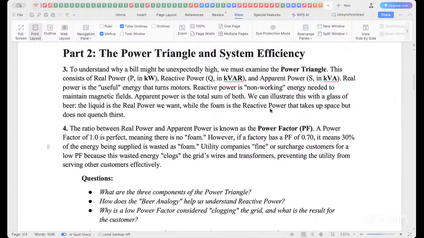The reason we are talking about this is because we are talking about energy costs. Most facilities are not aware that there's a lot of wastage, and that is what is affecting their energy cost. I was looking at a bill. They already have meters in that facility, reading in kilowatt hour.